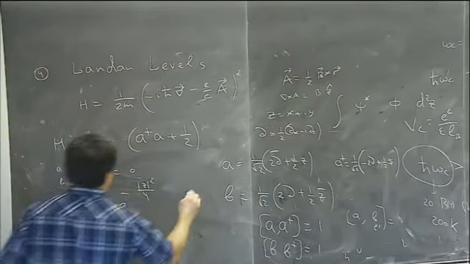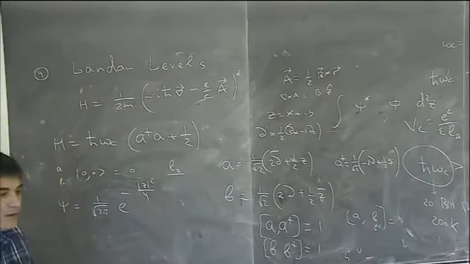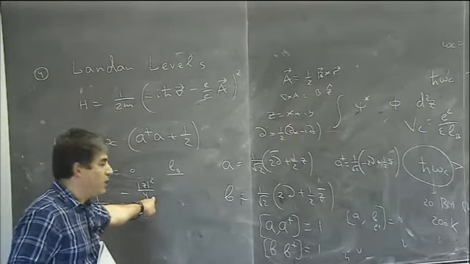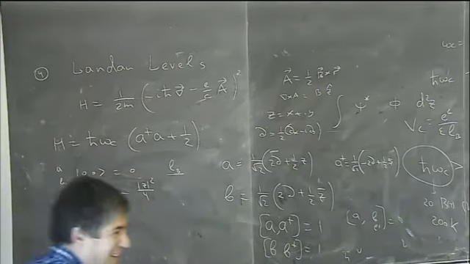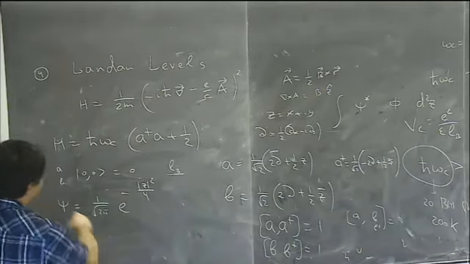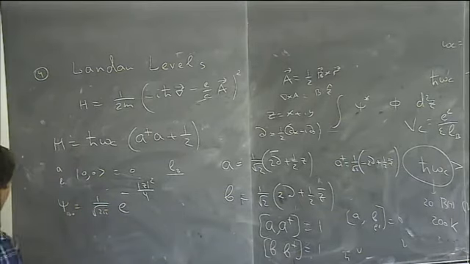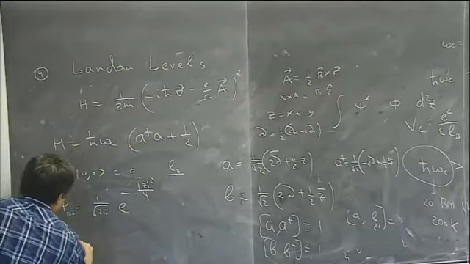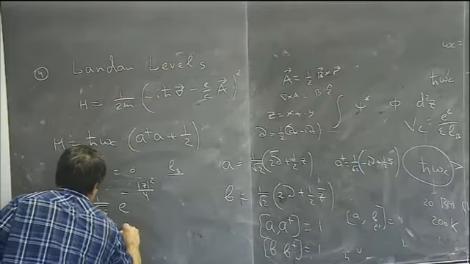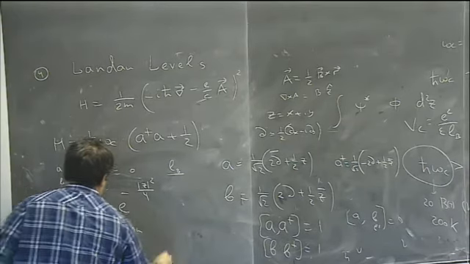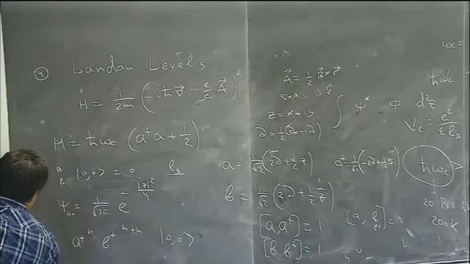From now on, I measure distance in units of magnetic length, so the magnetic length is 1. If not, you put here l_B squared, because in the exponent you should have a dimensionless quantity. This is my 0,0 state. And then, of course, you can apply A dagger to the power n, B dagger to the power n plus m, times the 0,0 state, and that will give you the state nm.